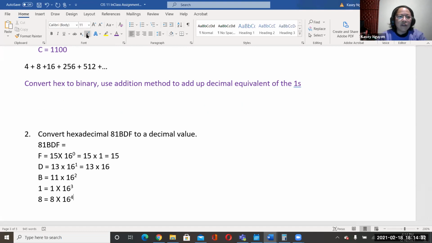So officially, when we write this out, this is going to be 8 times 16 to the fourth, and then plus 1 times 16 to the third.